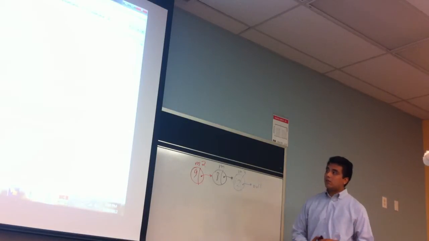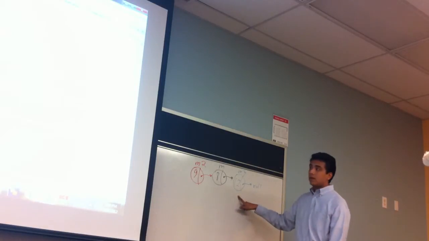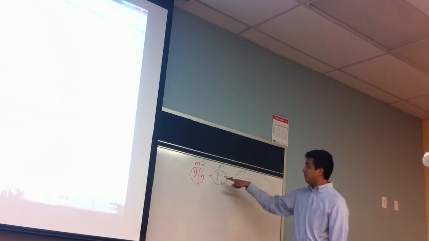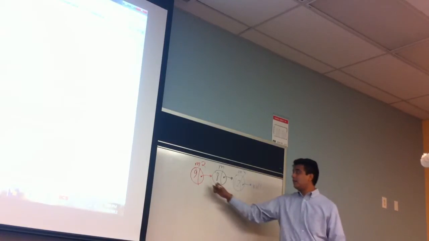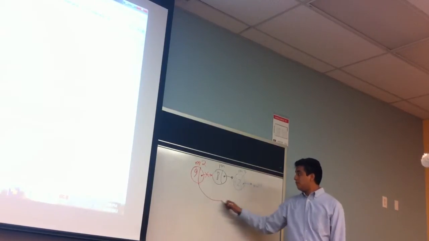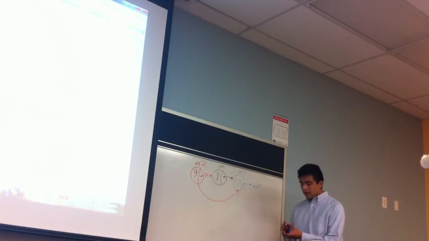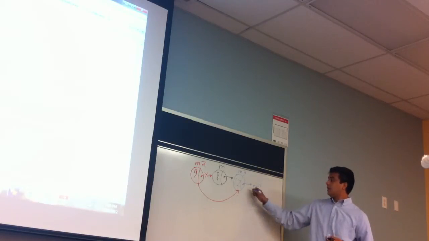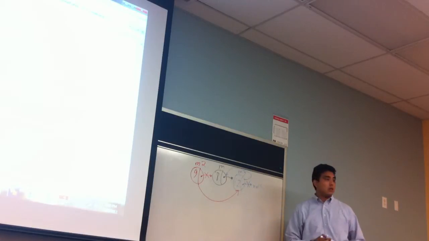What do you want to get, Carlos? You want to get M2 first, then M3, and then M, right? So what Carlos wants to do is break this link, and make this one, correct? And then he wants to break this link, and get this.